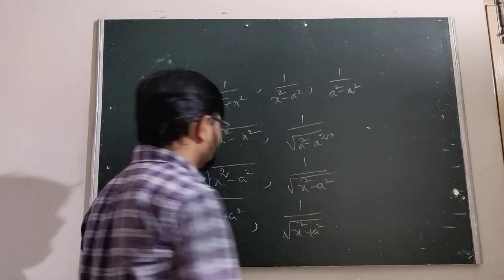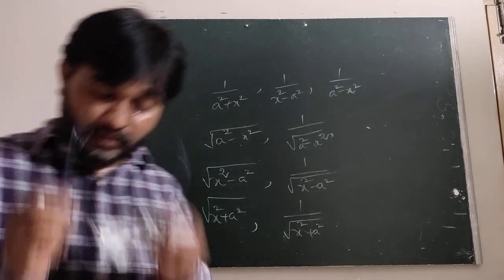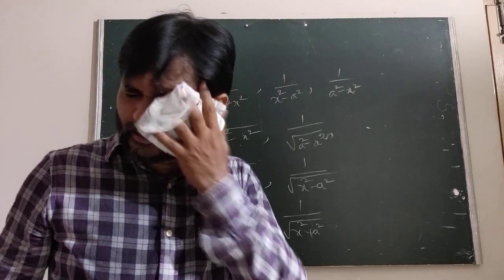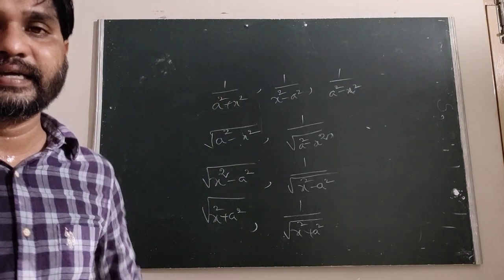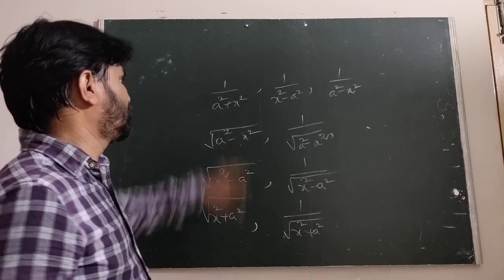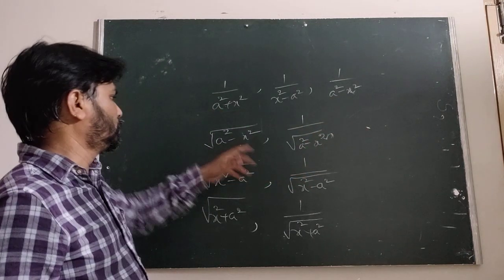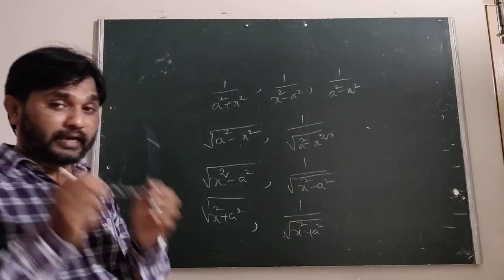These nine are called the important, that means 9 standard integrals. These are the first 3, after that 2, 2, 2, total 9.